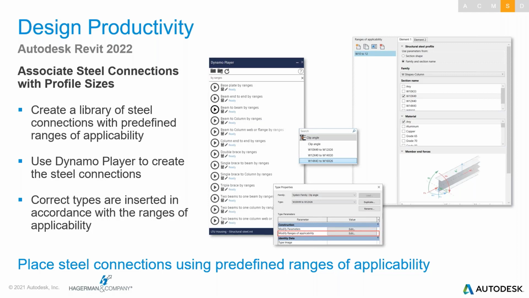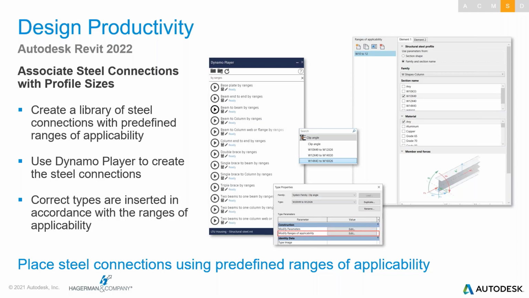Now, the first step is for you to create a library of steel connections. And in this library, you can add a variety of connection types and specify ranges where they will be applied. These ranges where they will be applied can be based on your local practices and standards, and they are intended to help you save time when placing simple steel connections.